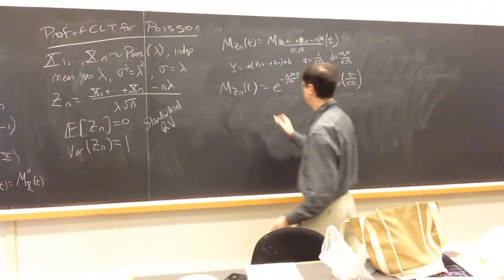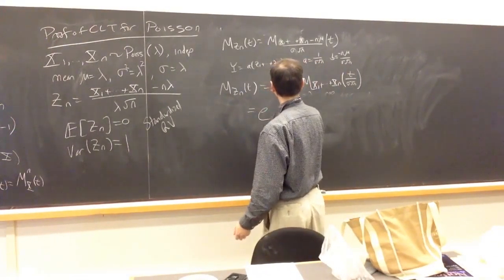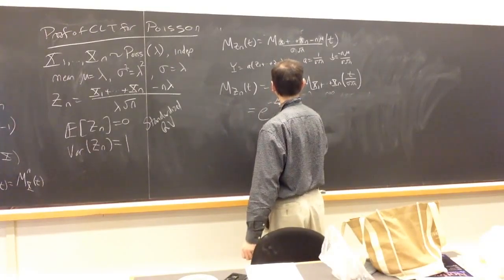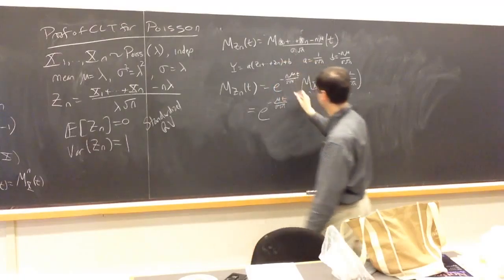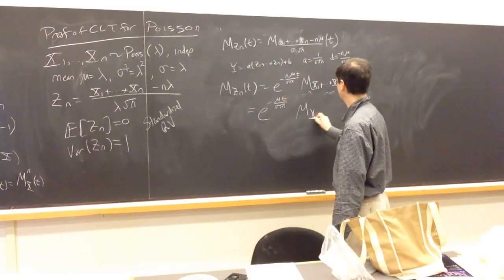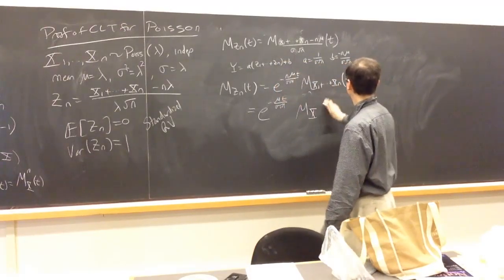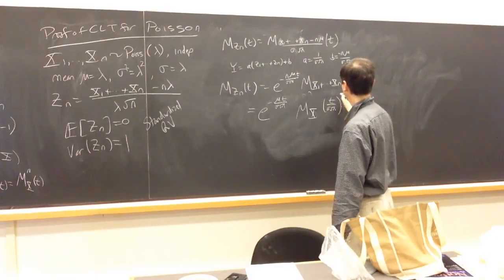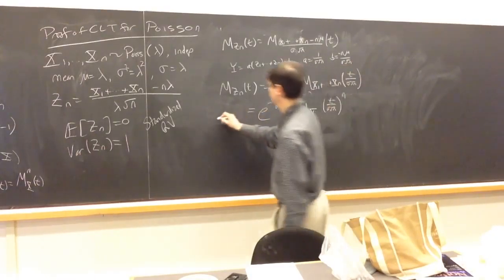Now we use the second property. This is just e to the negative square root of n mu t over sigma. The n cancels a little bit. And it'll be the moment generating function evaluated at t over sigma square root of n, and we raise it to the nth power.